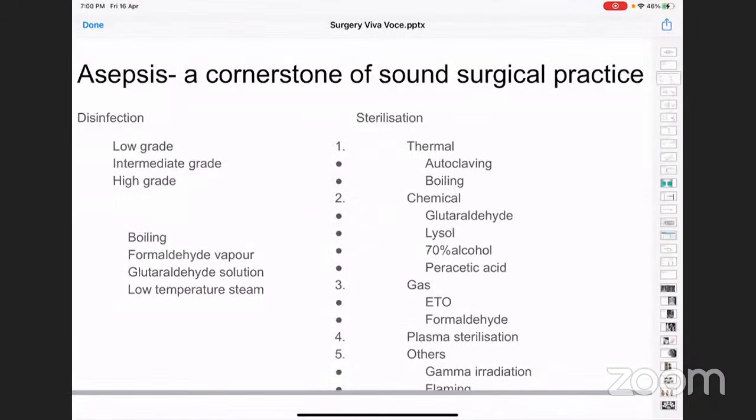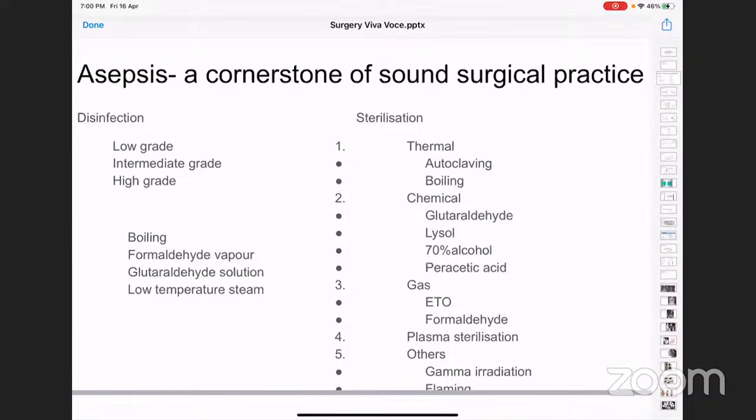So what is asepsis? Asepsis, like I just told you, is a cornerstone of sound surgical practice today. Contemporary surgery is impossible without asepsis. Asepsis has basically two components, disinfection and sterilization. In disinfection, you eliminate all sorts of microorganisms, but you do not really emphasize on eliminating spores.